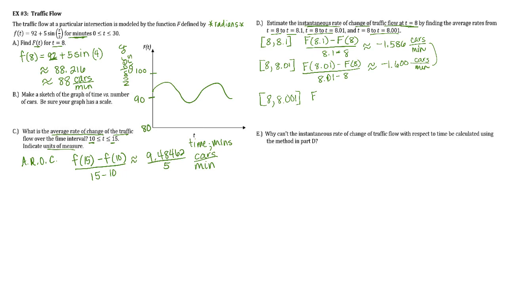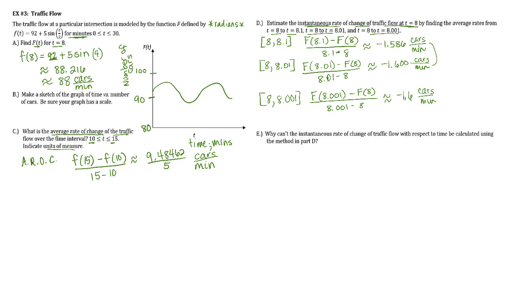And again, that's going to give me f at 8.001 minus f at 8, all of that over 8.001 minus 8. And so that's going to be approximately negative 1.6, and that's going to be cars per minute.